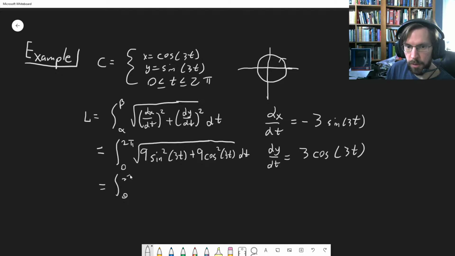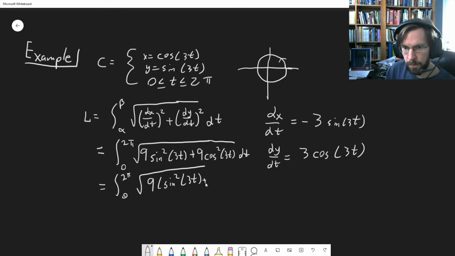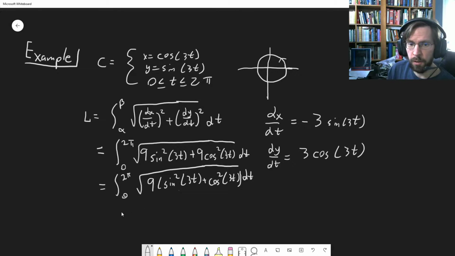Integral 0 to 2 pi. I can pull out the 9 from everything. Again, sine squared 3t plus cosine squared 3t is 1.